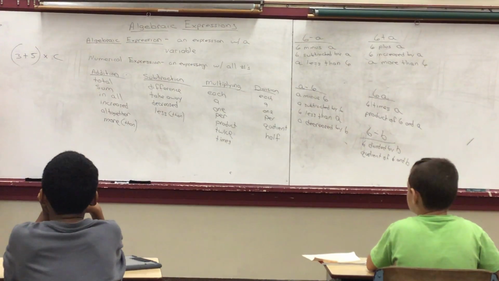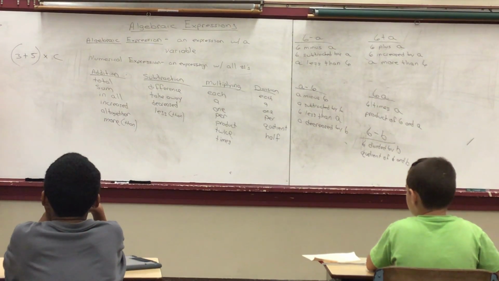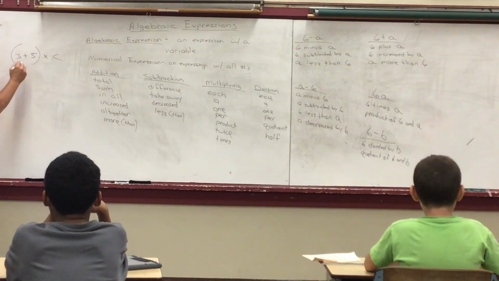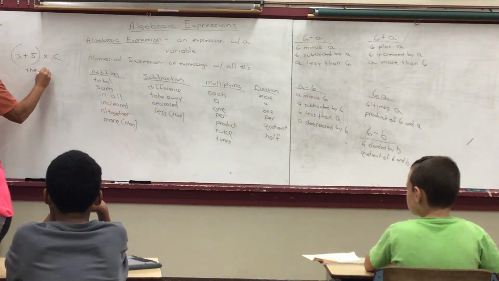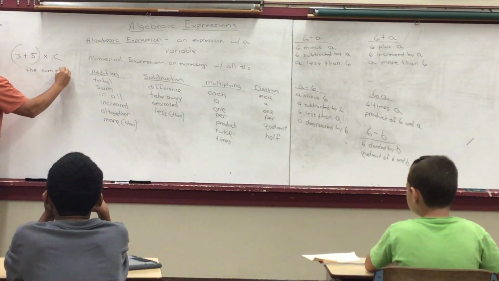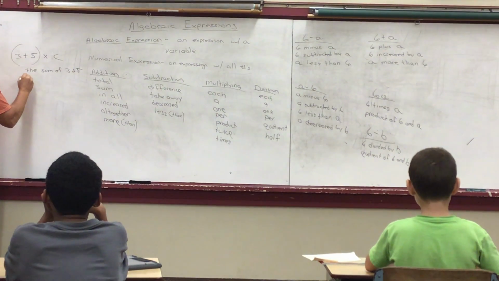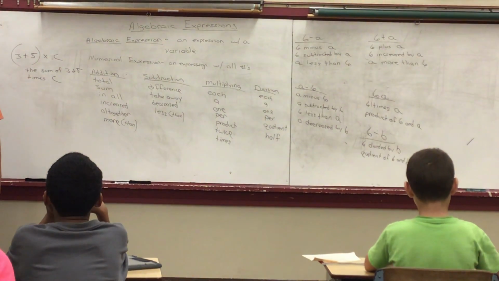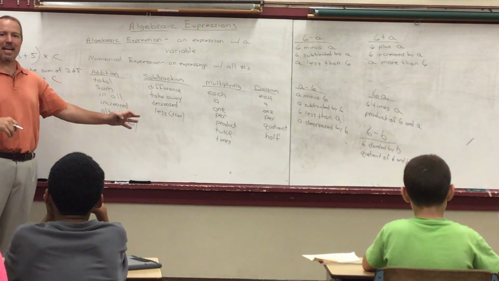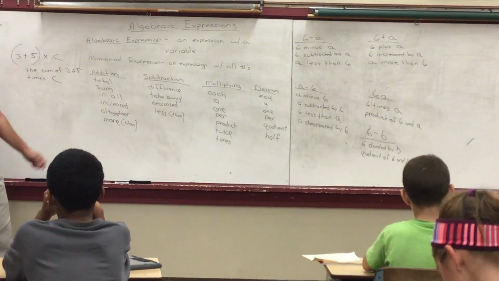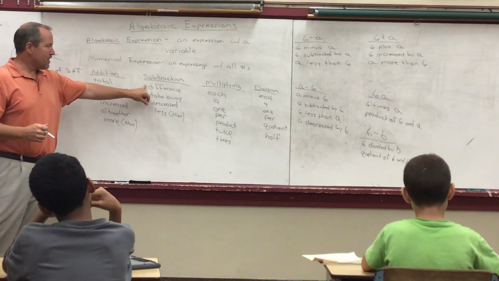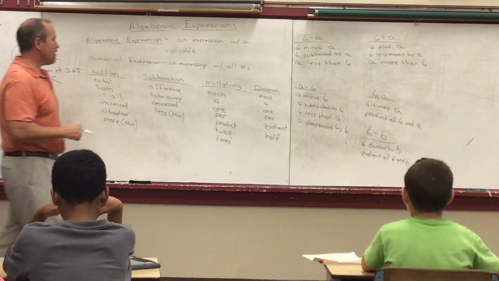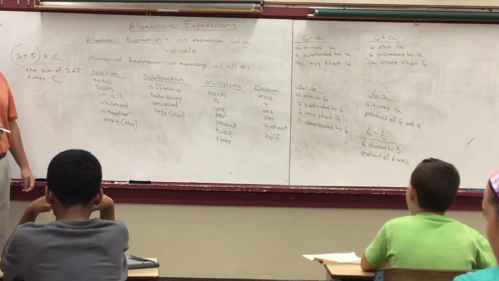Solve it. Solve what? 3 plus 5. So, when they do this, they're going to tell you the sum of 3 and 5 times C. If they tell you the sum, or if they tell you the difference of something times another number, if you see the sum or the difference or the product or the quotient, and if it's a 3-step problem, that means that you need to find, in this situation, the sum first.